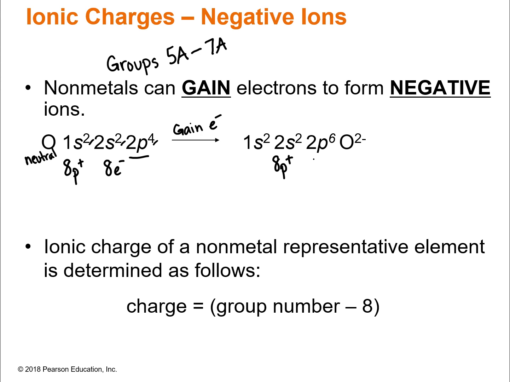But we've gained 2 electrons. So that now we've got more electrons than protons. So we're forming a negative ion. Does that make sense so far? You don't have to know where the 2 comes from, but understand that we gain 2 more electrons. So now our charge is -2.